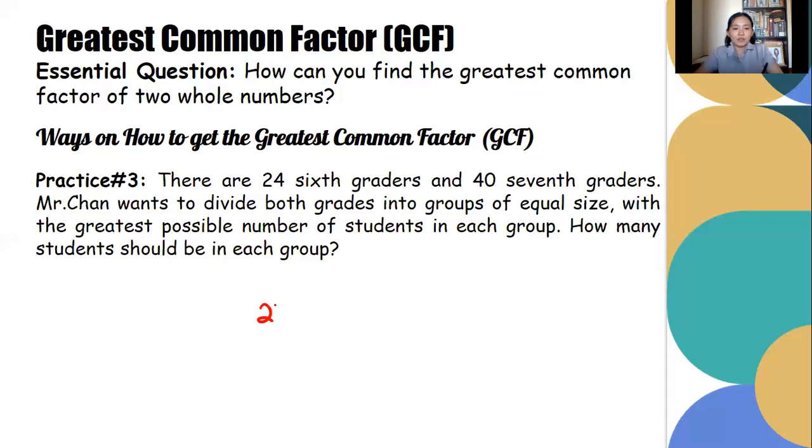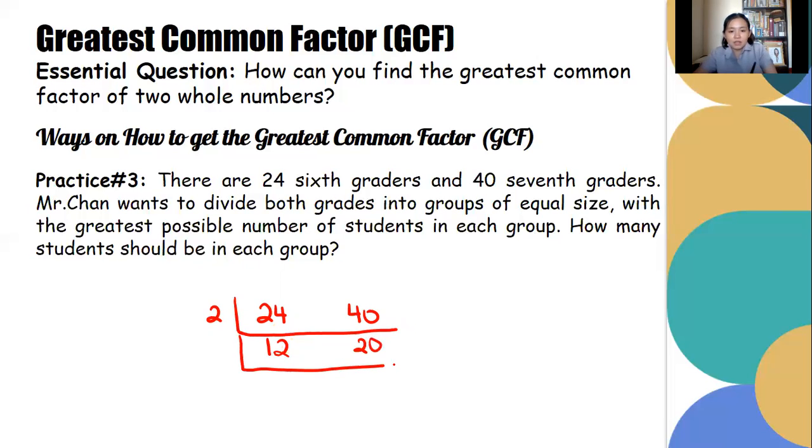So we have 24 and 40. Getting the GCF, so we have 2. This one will be 12. And then this one will be 20. Continue dividing. I'll try to have 4 this time.